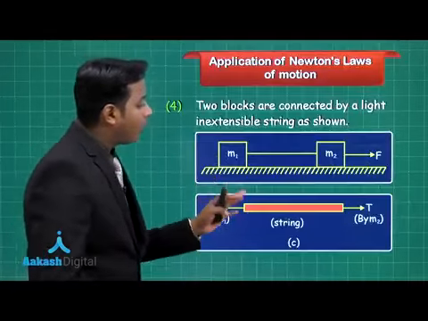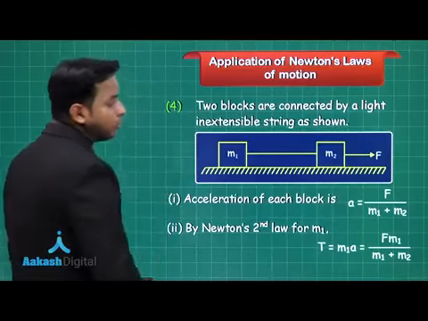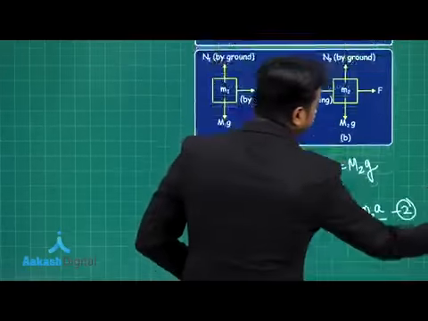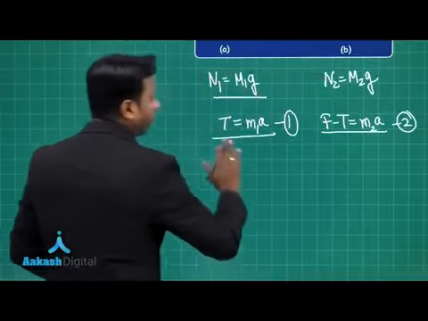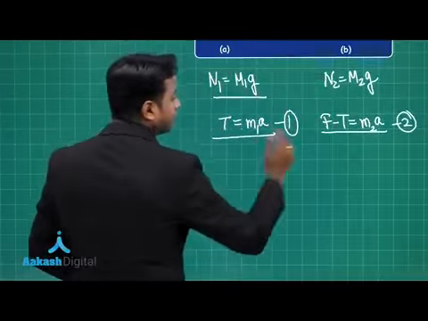On reshuffling, F minus m1a is equal to m2a, and F is equal to m1 plus m2 into a, which gives a as F divided by m1 plus m2, and this is equation number 3 which we have got.